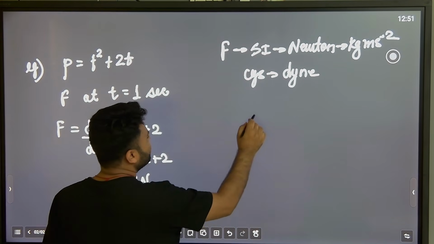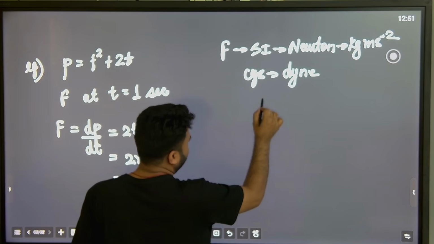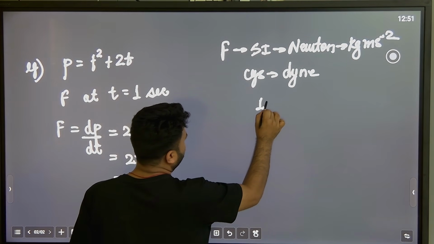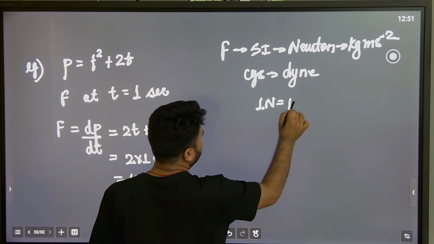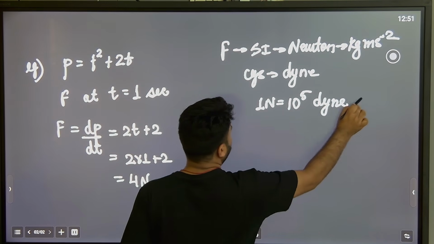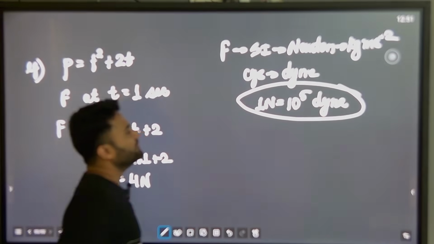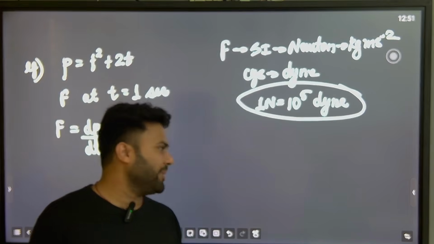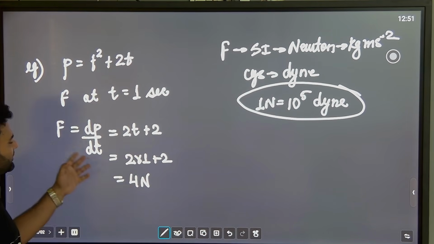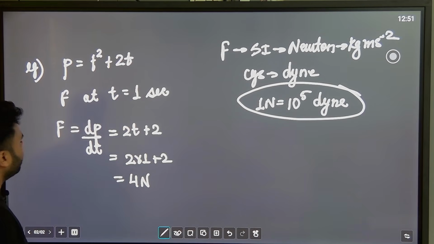This is dyne, the CGS unit of force. And you remember, 1 Newton equals 10 power 5 dyne. Okay, so you need to remember these things. This is one kind of question they can ask, what is the force here. We calculated 4 Newton.